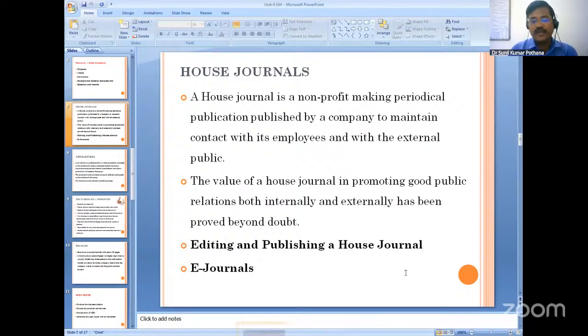Every employee can read the e-journal even at a small place far away from the head office. It is also a benefit to the company, because printing is generally more expensive. An e-journal is cost effective.